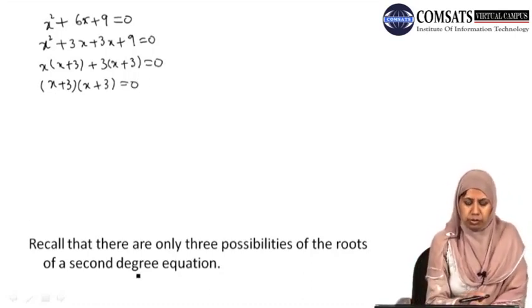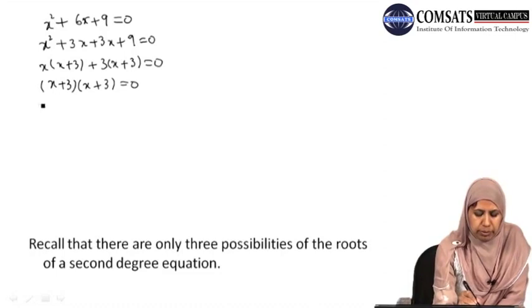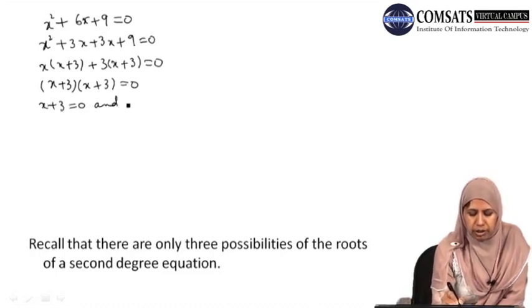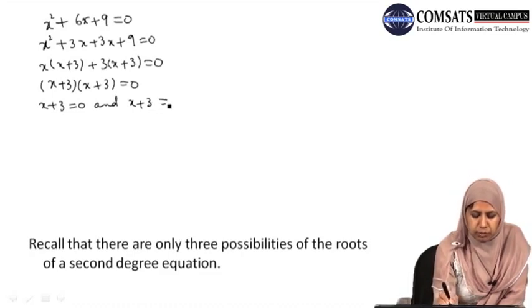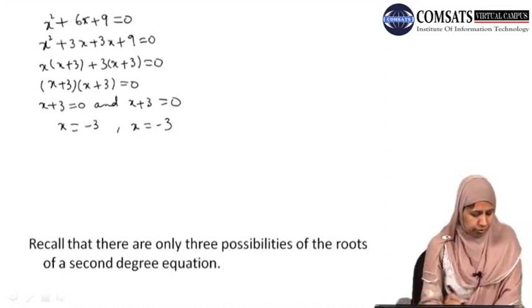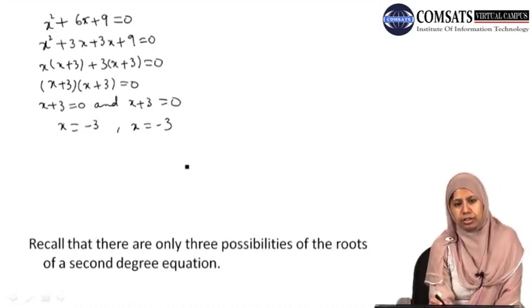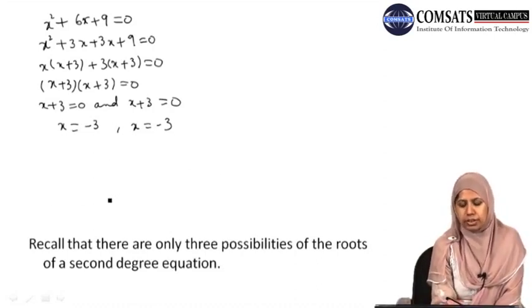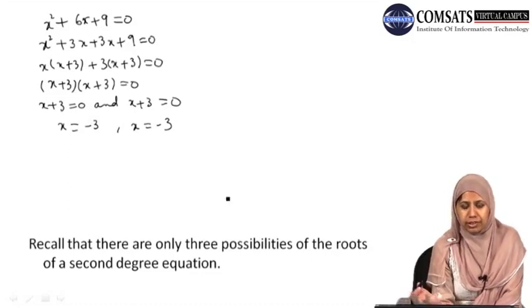Again, the product of two terms is 0, which means x plus 3 is 0 and x plus 3 is 0, and we obtain x equals minus 3, x equals minus 3. Here we have two values of x, two roots, but they are the same.